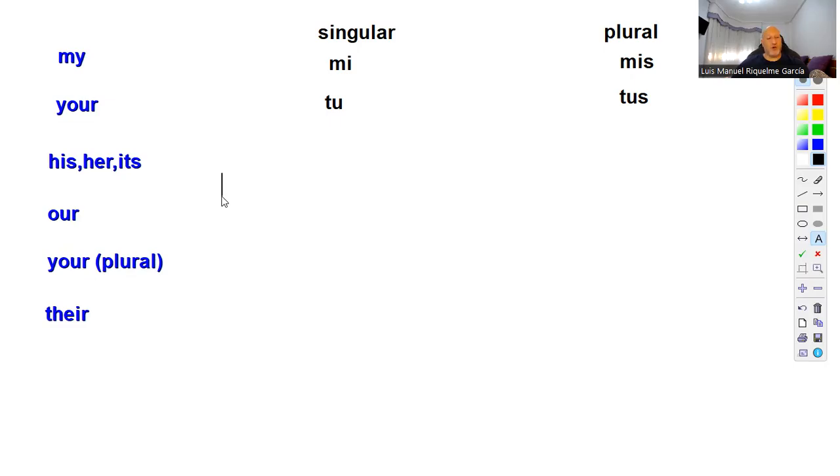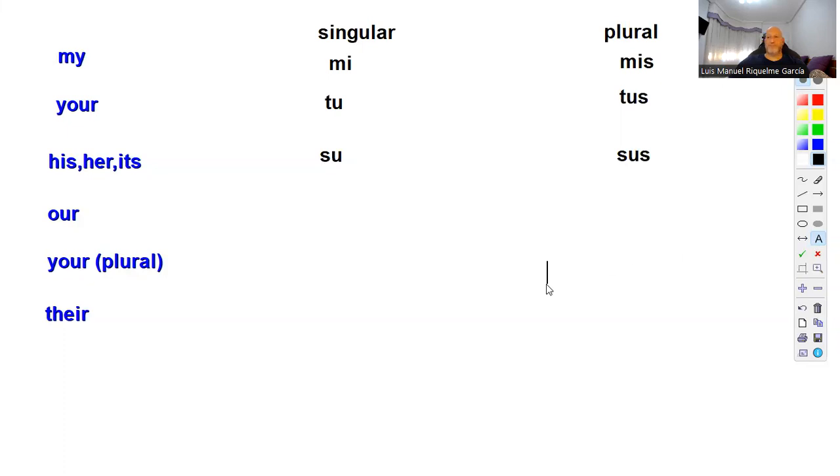This will be part of a longer conversation, so it will be specified there if it is a man or a woman. So for his, her, or its, we say su. And if it is plural, not plural people, plural belongings, plural objects, sus.